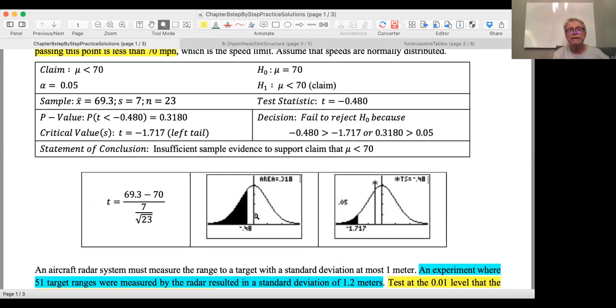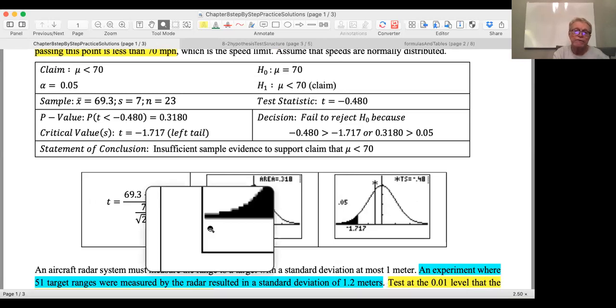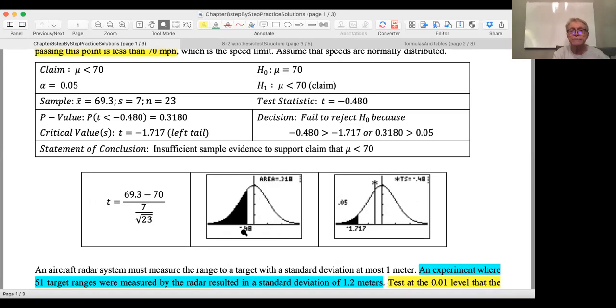It's a left-tailed test because the alternate hypothesis is less than, and that means we're going to find the area underneath the curve farther away from the mean than the test statistic, to the left of the test statistic. As it turns out, that area is 0.3180. That is our p-value.